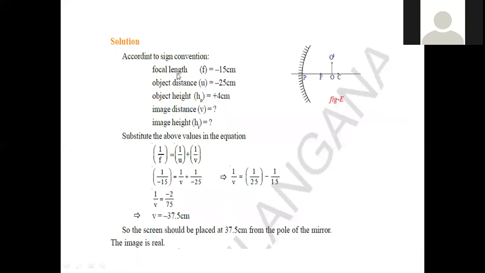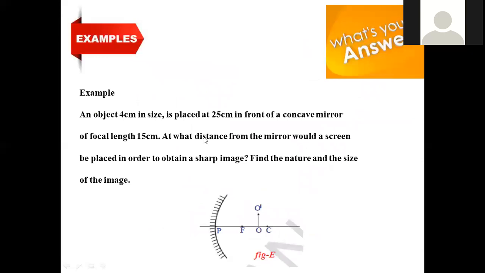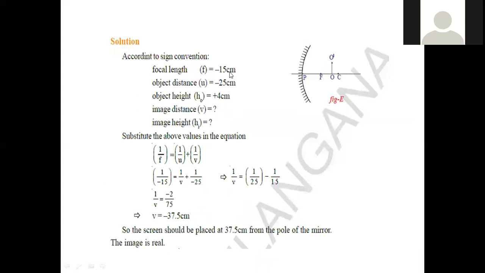For that purpose, the focal length is given. Within the problem they mentioned that in front of the concave mirror, the focal length is 15 centimeters. By the sign convention it is minus 15 centimeters, and the object distance is 25 centimeters.